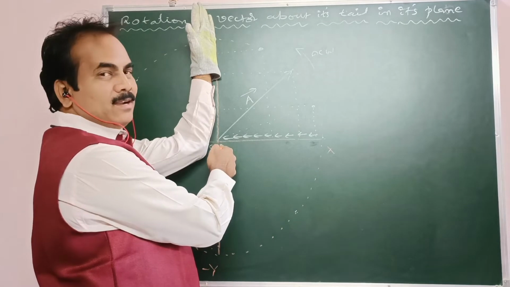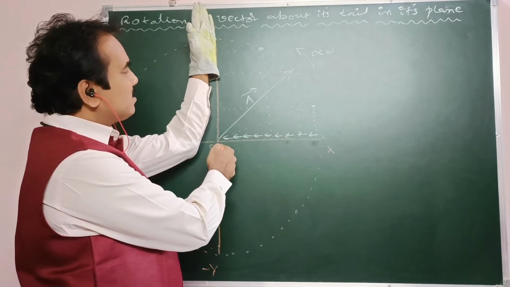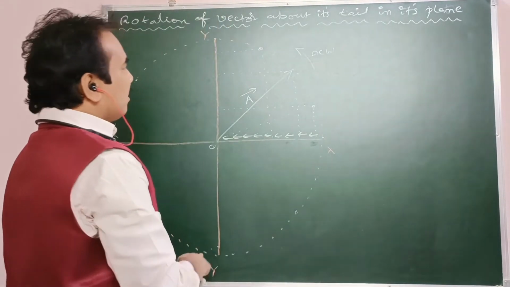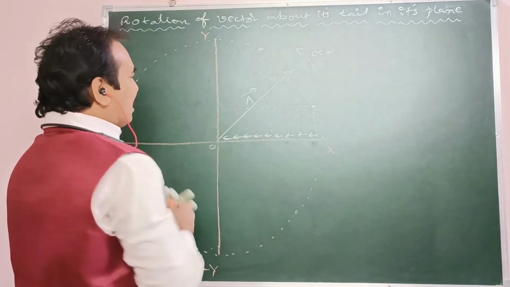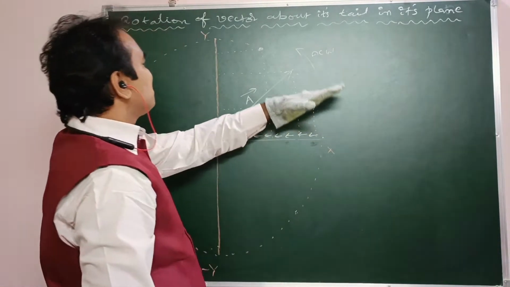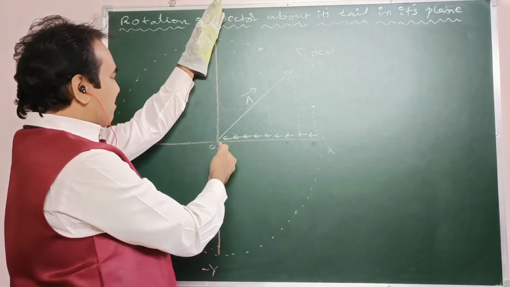There is no component along the x-axis. In that situation it has only a y coordinate, right? So what about the y coordinate? As far as the x coordinate is concerned, during the rotation in the first quadrant in the anti-clockwise sense, the x coordinate decreases and becomes 0 here.